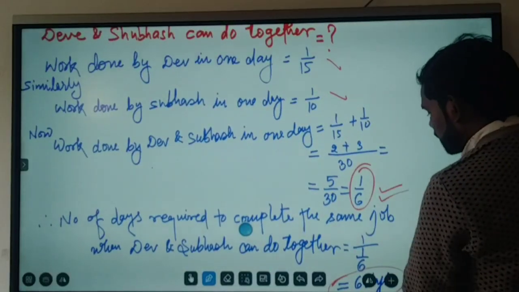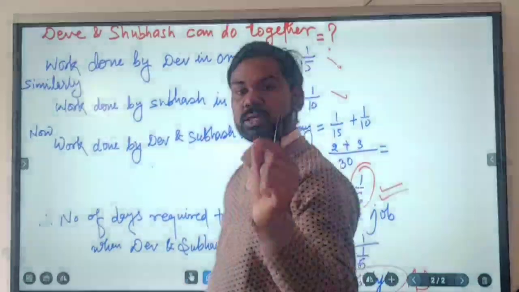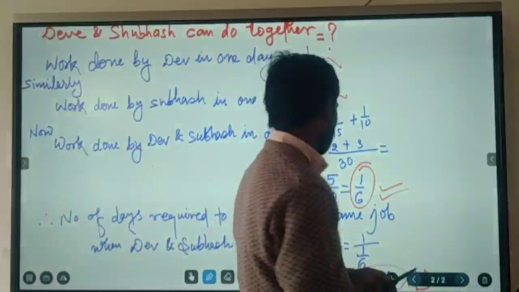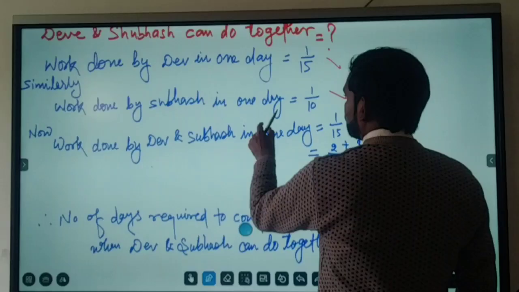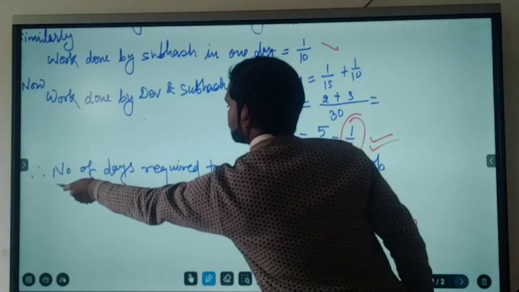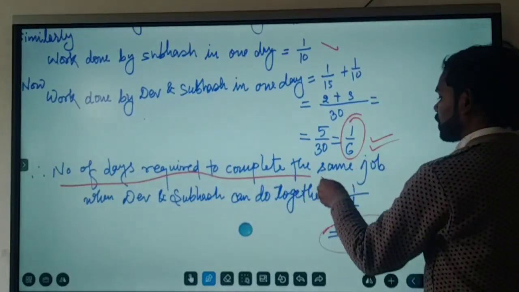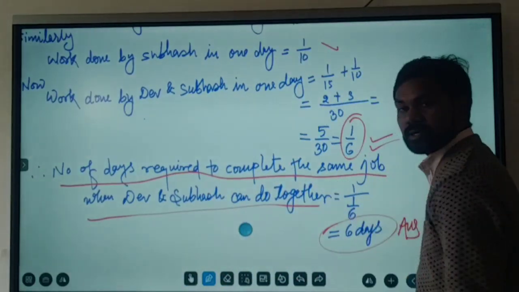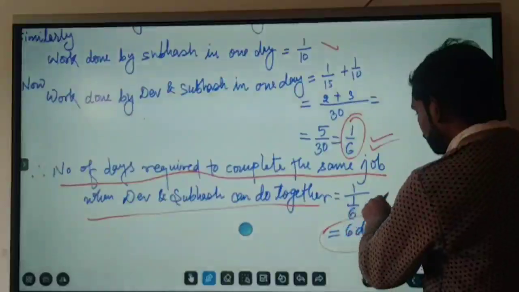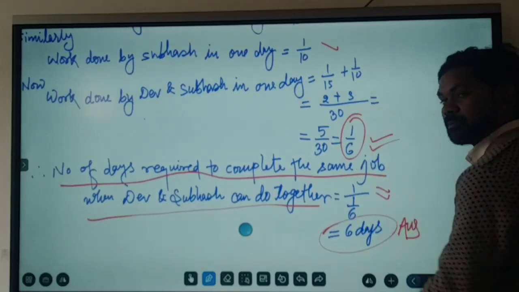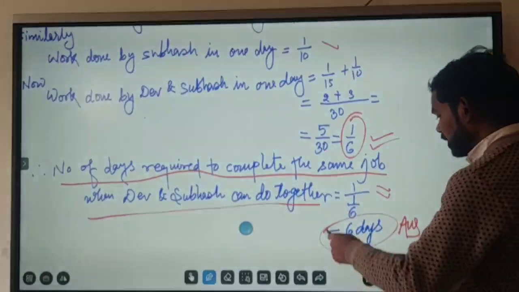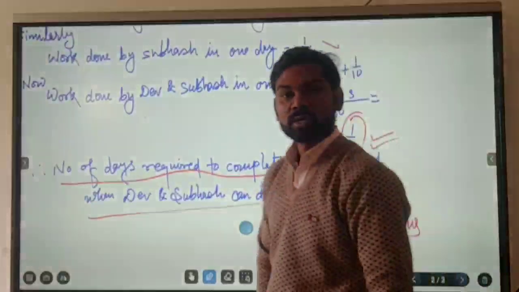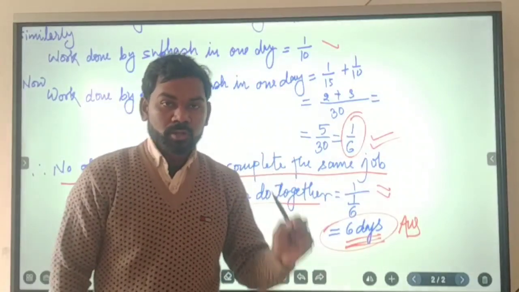This 1 upon 6 represents the fraction of work completed by Dev and Subhas in one day. So the number of days required to complete the same job when they work together is the reciprocal of the work done by Dev and Subhas in one day, and this equals 6 days. I hope it is clear to everyone.